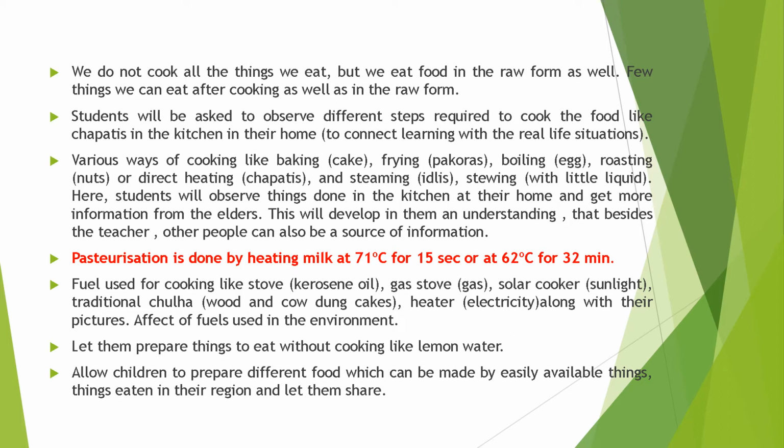Effective fuels used in the environment should be discussed here to make children aware that wood and cow dung cakes produce a lot of smoke, and it is very much unhealthy for us because they are producing pollution. Gas stove is a cleaner fuel. It does not produce any harm to the environment.